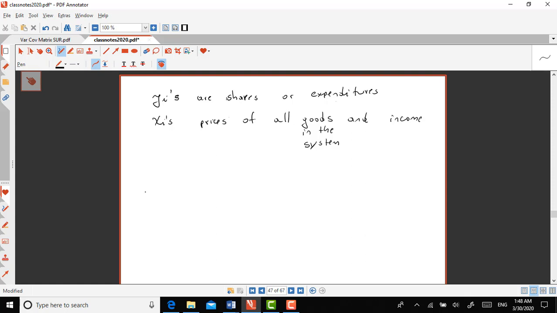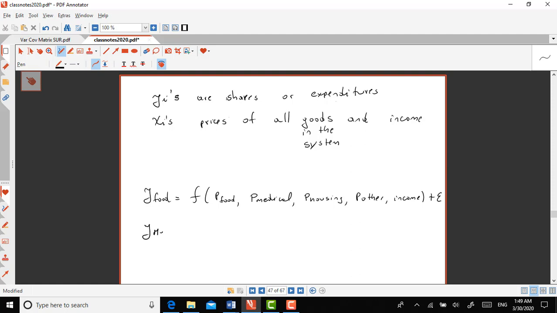We're going to have one equation for food as a function of the price for food, the price for medical care, the price for housing, the price for other goods, income, and the error. Here I'm saying a function, but usually it's a linear function to make our life easier. That's the structure of the system.